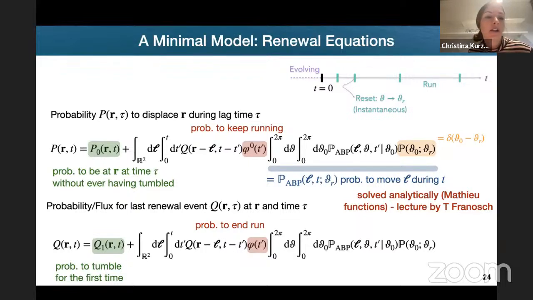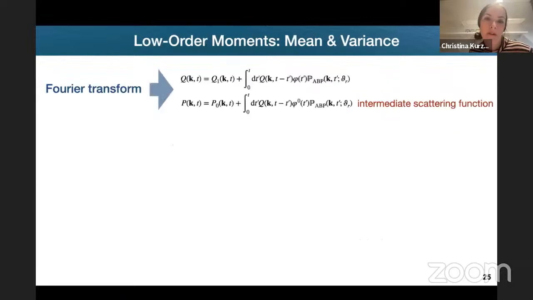Okay. So now these equations, as we've done before, we can move to Fourier space. And in Fourier space, they depend on the wave vector k. And we have this equation that gives us again an intermediate scattering function.